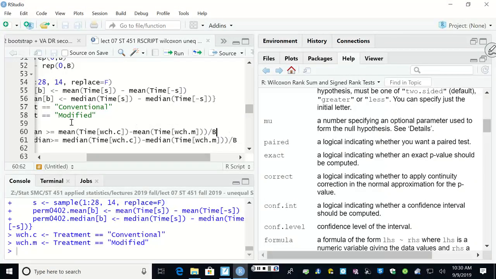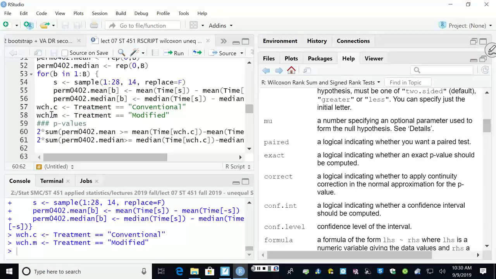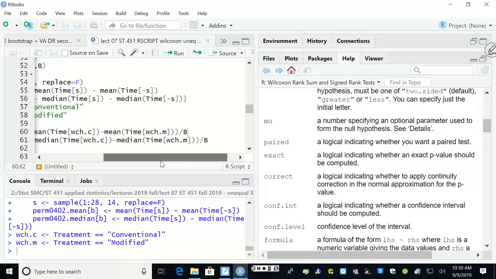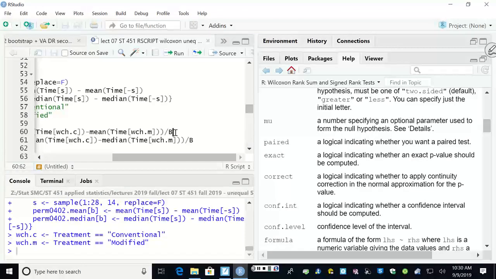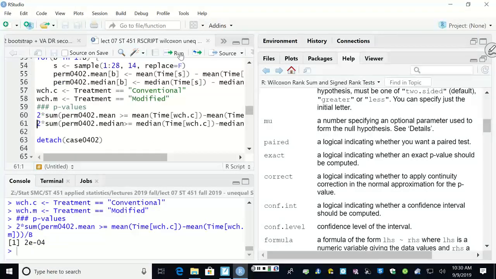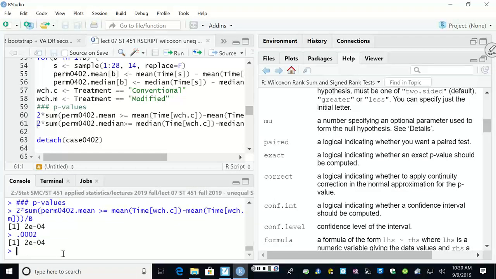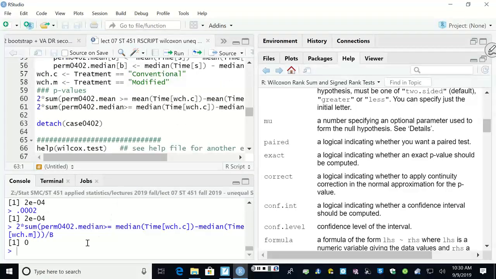And I'm using that little which, just a little indicator, which is control, conventional, and modified. I find that convenient to create a little index so I can keep track of which ones are there. And that's 0.0002, right? And the median one is basically 0.